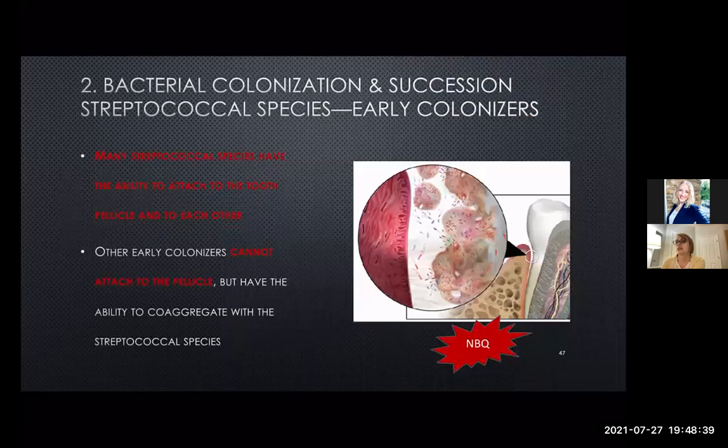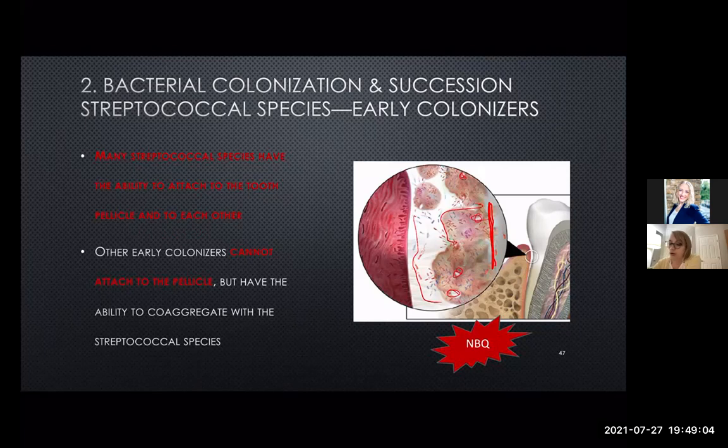Next, we have the early colonizer streptococcal species. They attach really well. So this is what we're seeing. This here is the tooth surface. And you can see as we get more and more bacteria in these fluid channels, and here's some fluid channels in here.